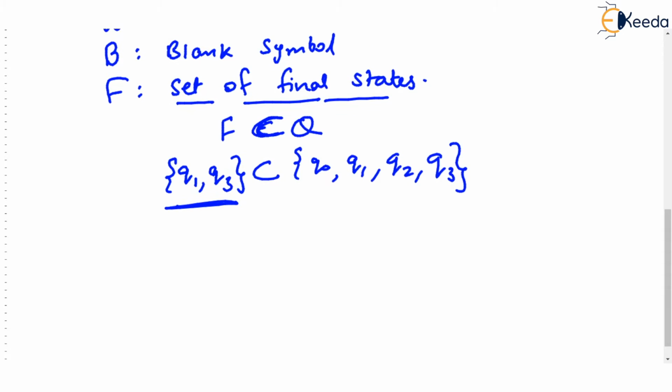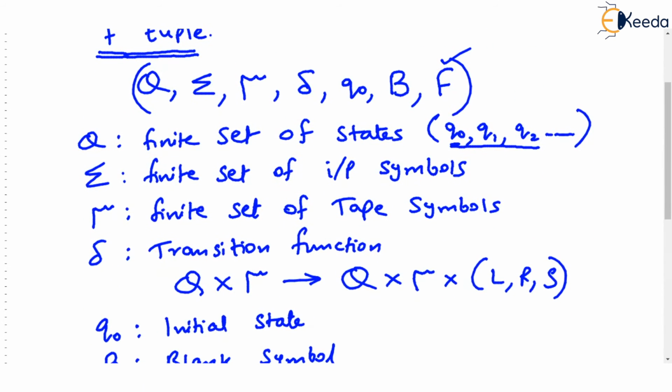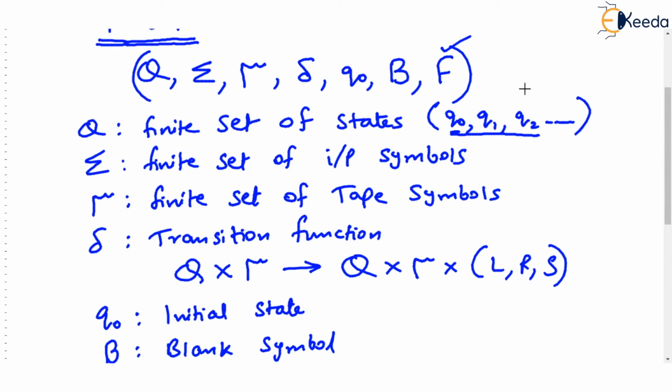Further, just check, sigma is the finite set of input symbols. Now, what are those input symbols? I told you in the previous video that a Turing machine has an infinite tape and there is some input coded on the tape surrounded by blanks.